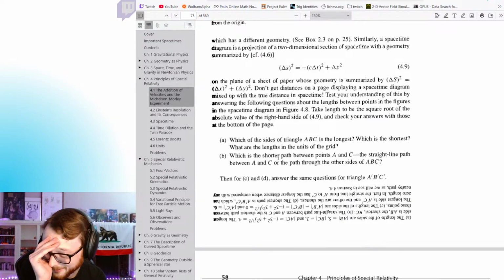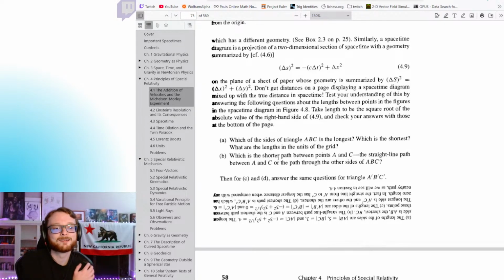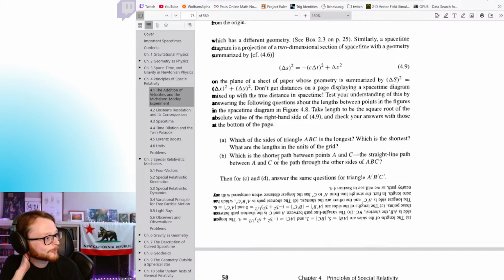I guess, are there different factors of gamma for each direction? I guess you would need that. Maybe you only take the relevant direction. Because couldn't you have different length contractions? If you're moving in the XY direction, you'd be contracted by different amounts in the X and Y directions.